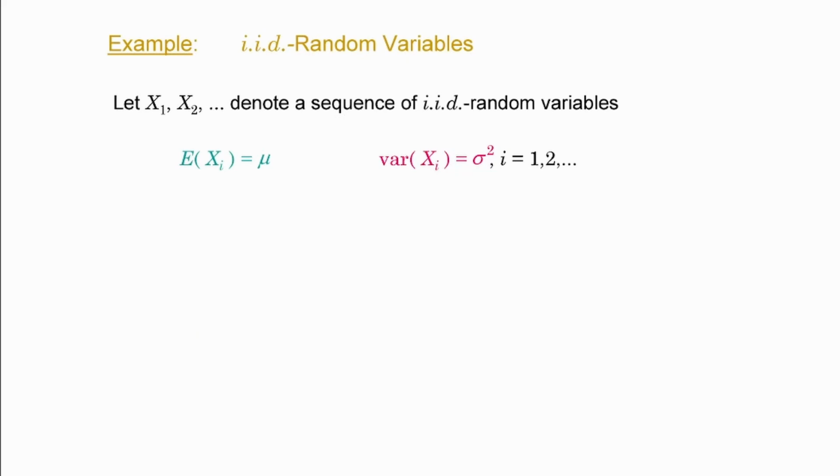Based on those i.i.d. variables, I'm going to define their corresponding sample mean, or the arithmetic mean. You know what the arithmetic mean is? The arithmetic mean is the sum of those random variables divided by their number.